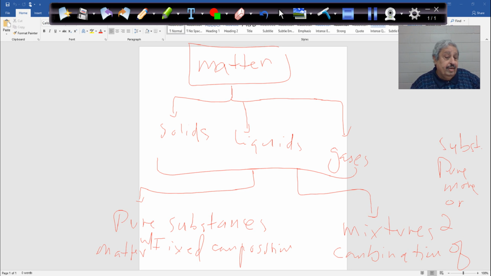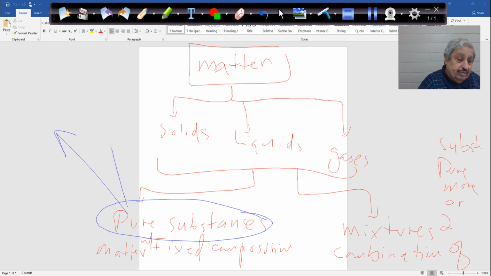So now from pure substances, let me go and maybe change the color here. In pure substances, I can recognize two items here: elements, okay, and I can designate another type called compound or molecule.